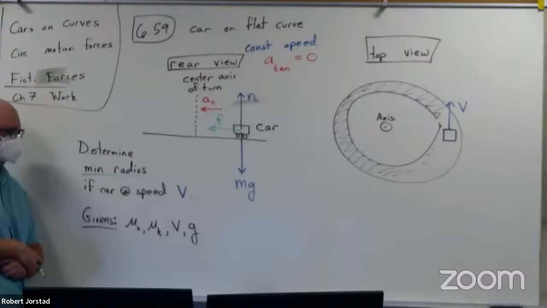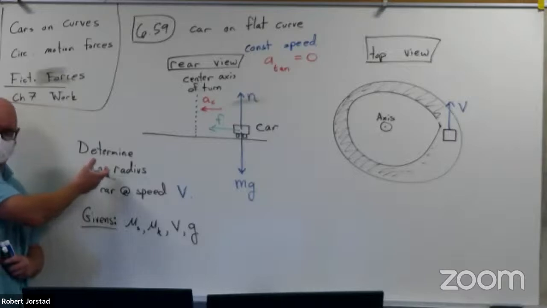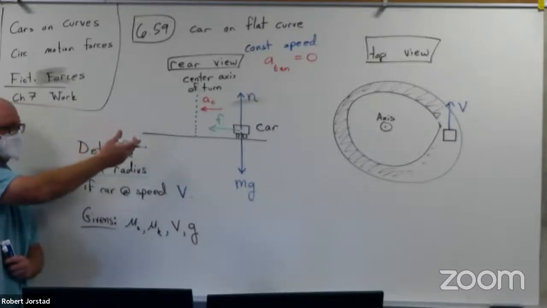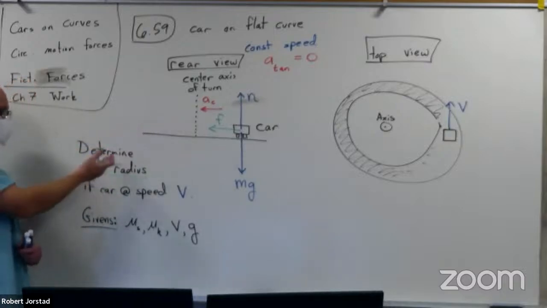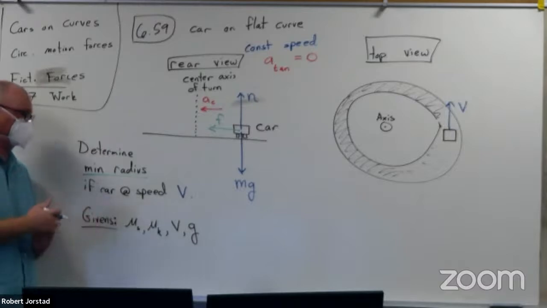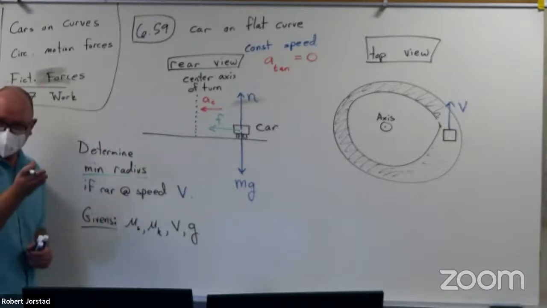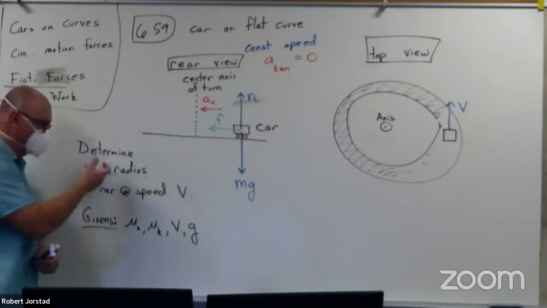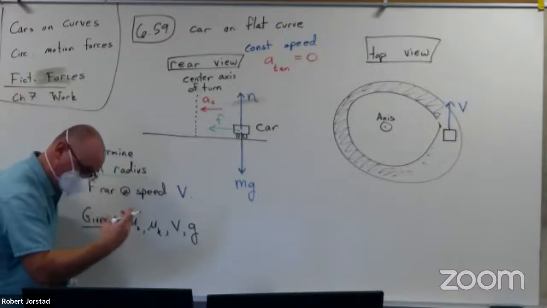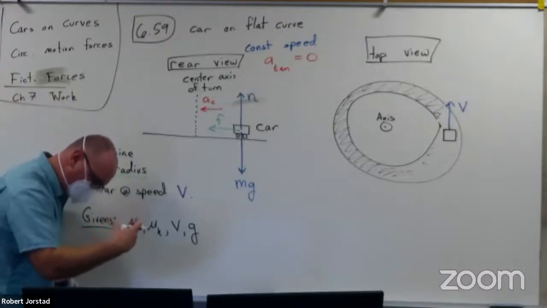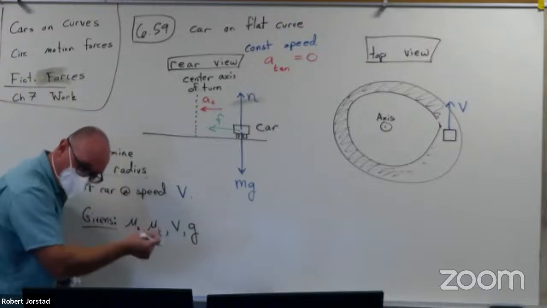What if you made a radius even smaller? Would this car still be able to execute the turn if we tried to use a radius smaller than the minimum? It would slide. Therefore, the minimum radius implies static friction, any less, it would start to slide.